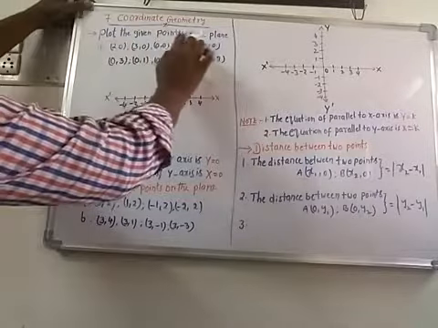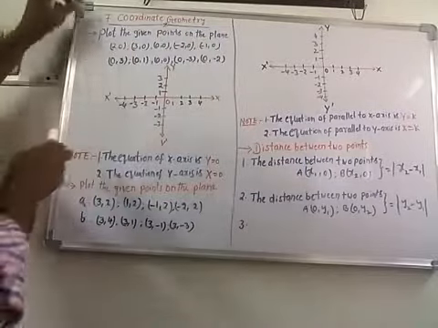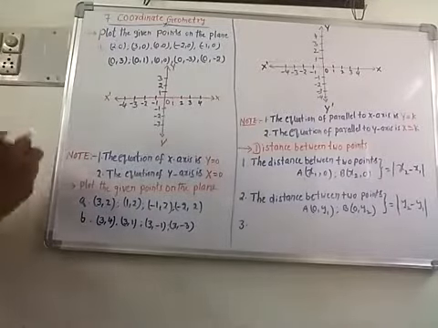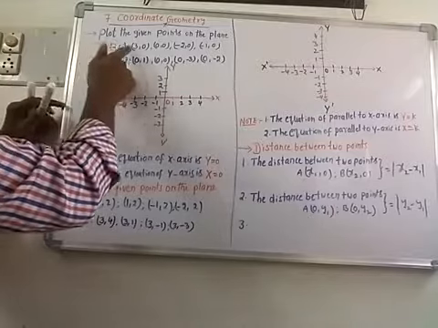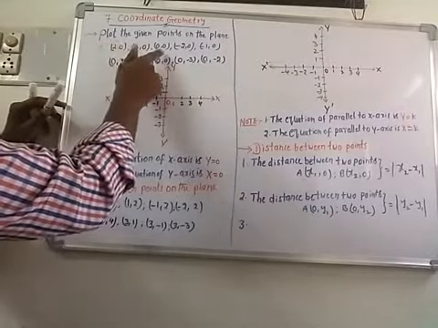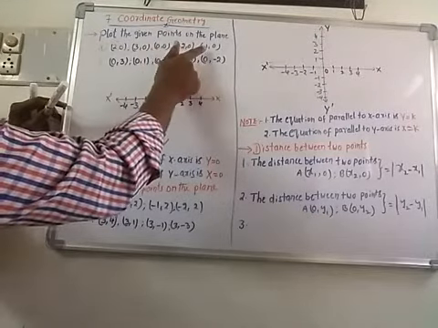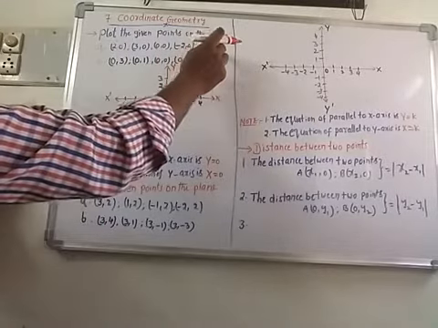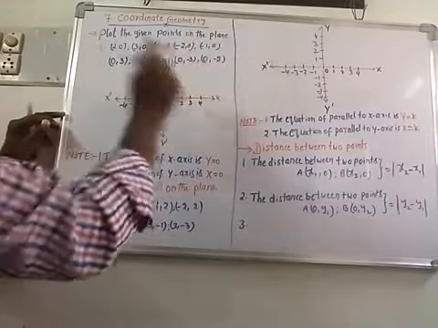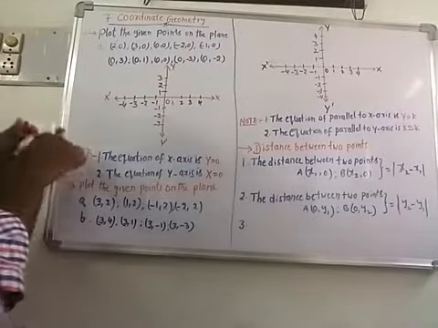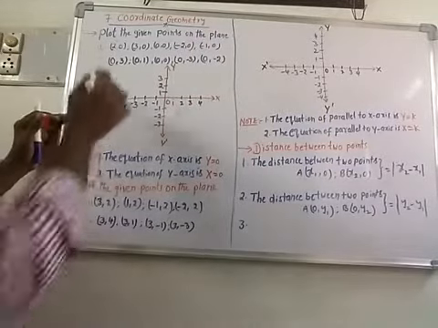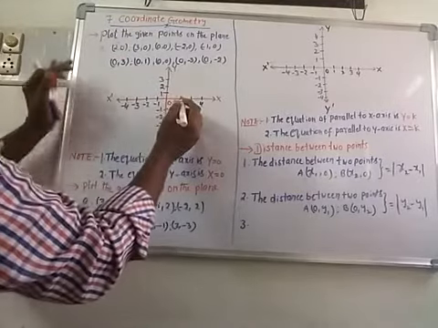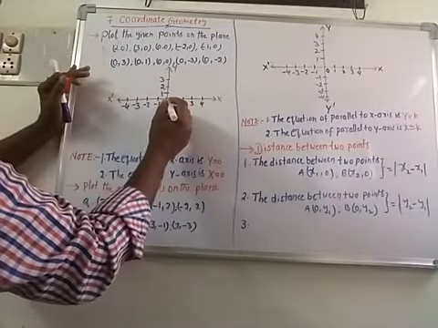Now plot the given points on the plane. So here the points are 2 comma 0, 3 comma 0, 0 comma 0 and minus 2 comma 0, minus 1 comma 0. These points are located in this Cartesian plane. How are they located? 2 comma 0: on x-axis is 2, on y-axis 0.